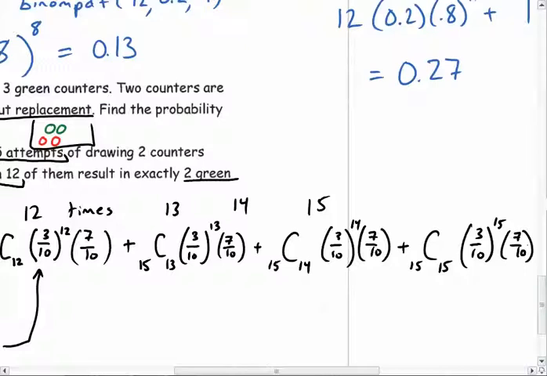And if we get 12 green ones, then how many non-green ones do we get? 3. These 2 numbers here will always add up to the total number of trials. So we get 12 greens, 3 not green. If we got 13 greens, we'd have 2 not green. 14 greens, we'd have 1 not green. And 15 greens, we'd have 0 not green.